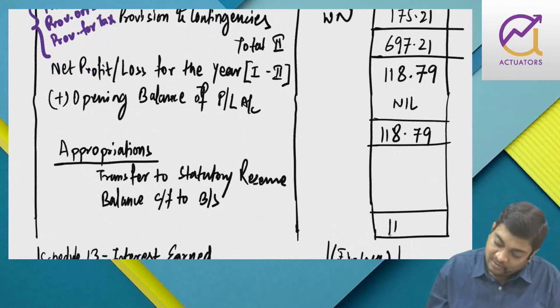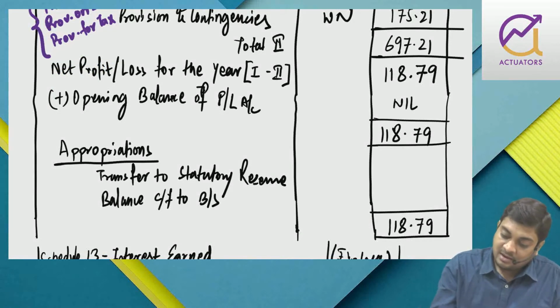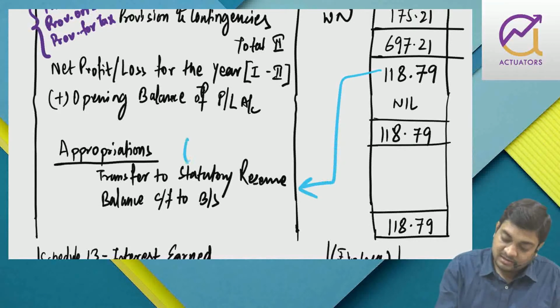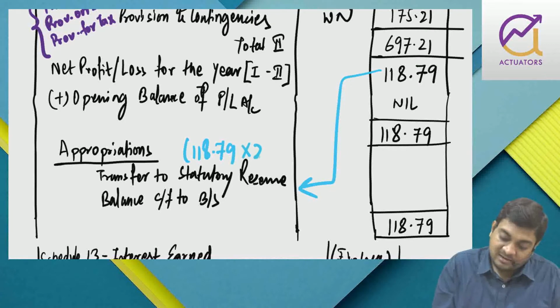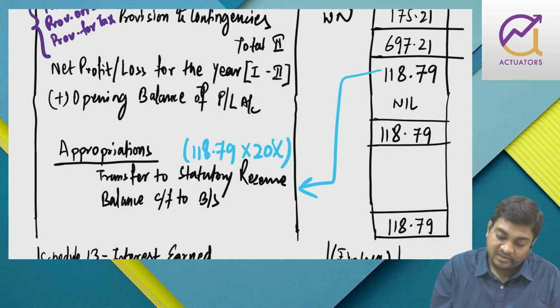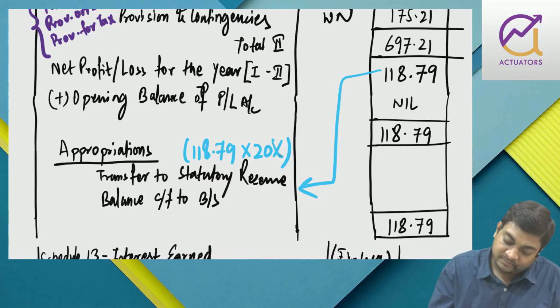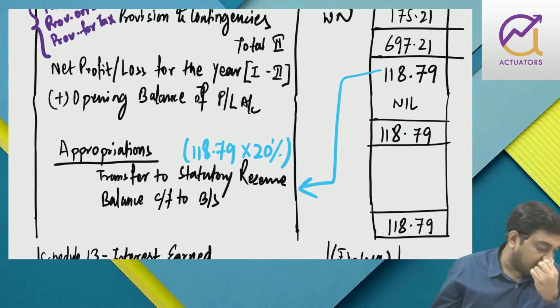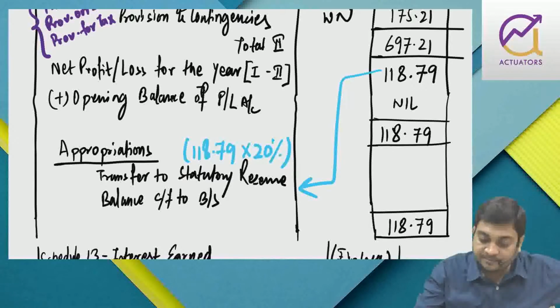So this total will be 118.79. Now this 118.79 into 20%, I guess, right? They have given 20%, fine.